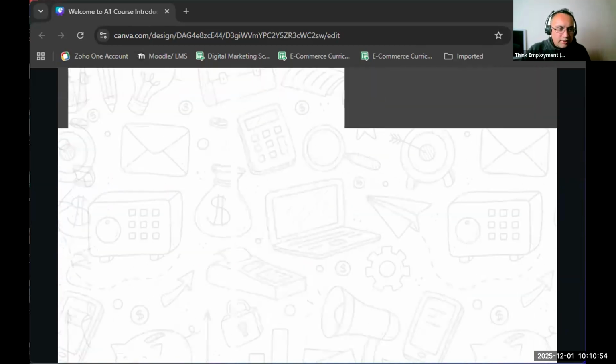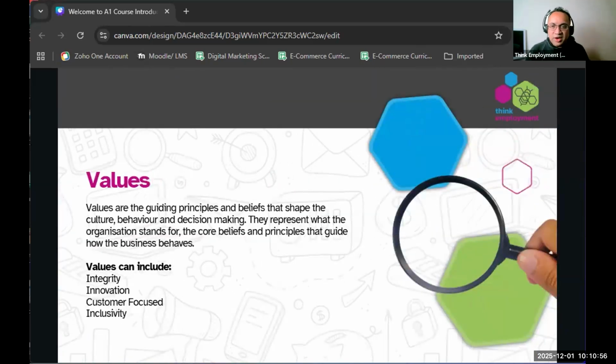Okay, so values. This is the third one. We talked about the mission statement, the vision in the future, and now values. I've worked for the NHS as a corporate trainer for 5 years. I told you that they have values. You can go onto the NHS website and you'll see the values somewhere.